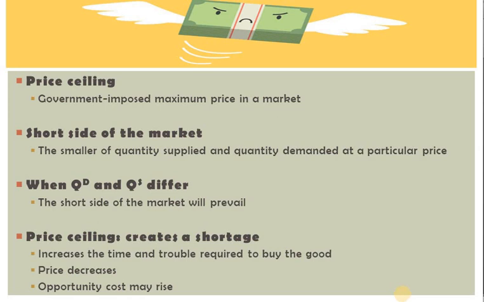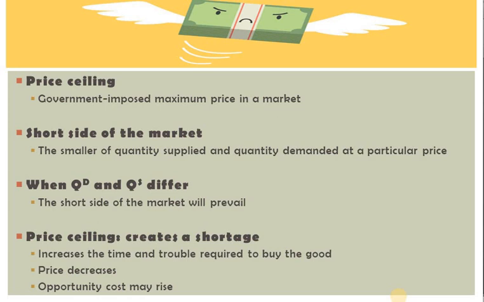Okay? Next, when quantity demanded and quantity supplied differ, the short side of the market will prevail. And next naman, price ceilings create a shortage. Okay? Bakit po nagkakaroon tayo ng shortage? Kasi obviously, dahil mataas ang presyo, okay?